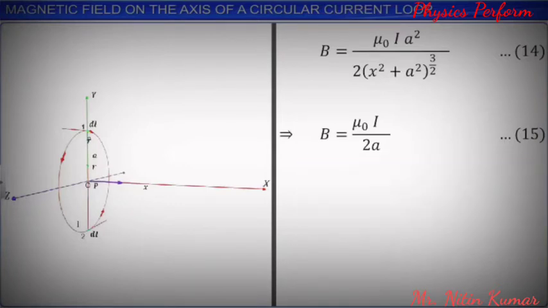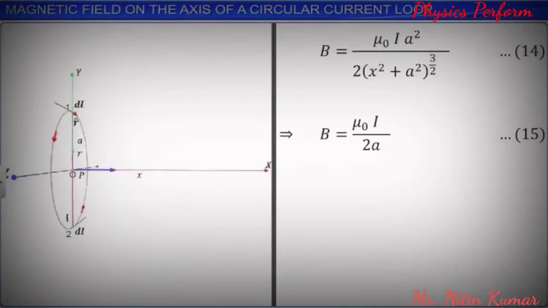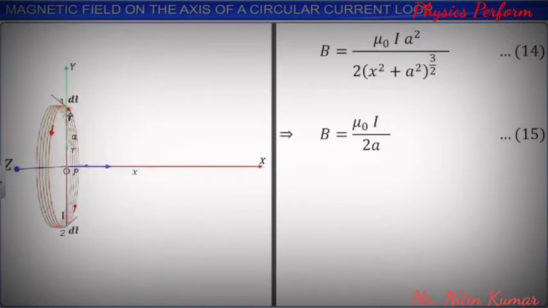If we consider a current-carrying circular coil that has n number of turns, then the magnetic field induction due to these n loops at the center is equal to n times the magnetic field induction due to a single loop, since all the magnetic inductions due to individual loops act in the same direction.